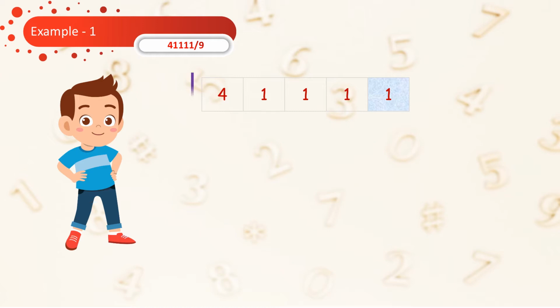So we are going to divide this number by 9. This is totally different to the conventional way of doing division. This method is applicable only to divide numbers by 9.